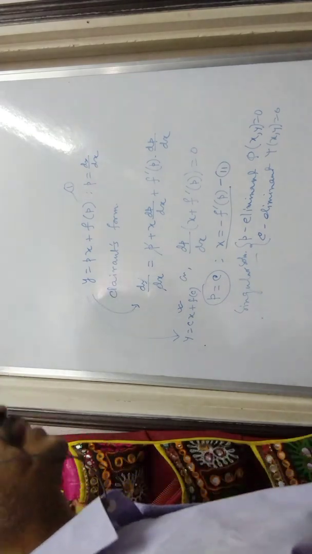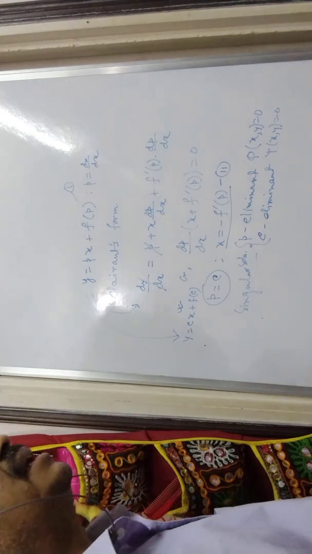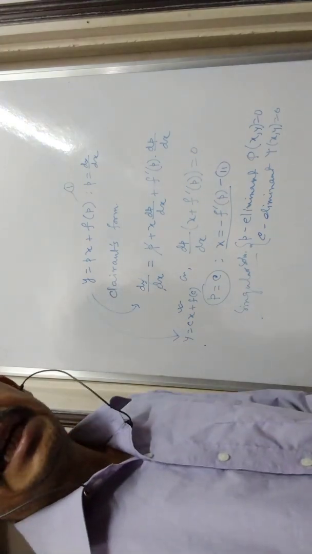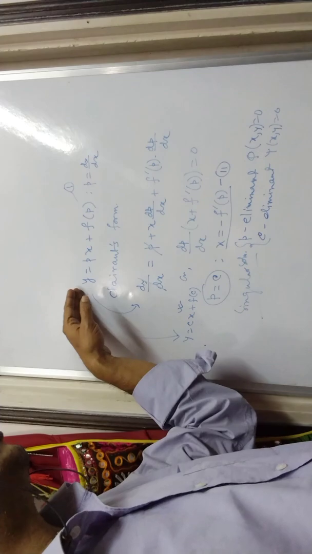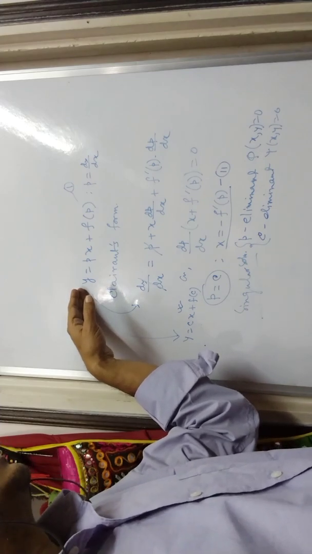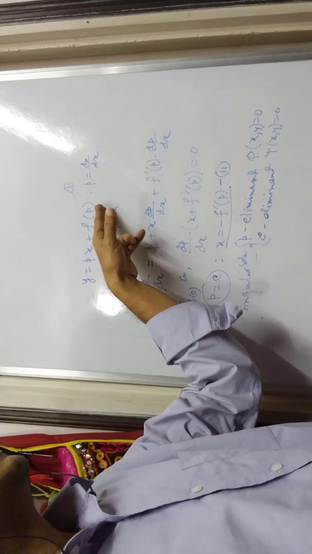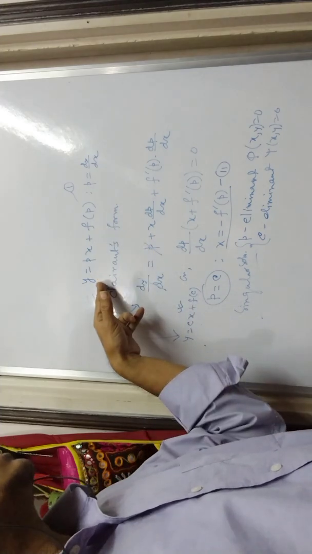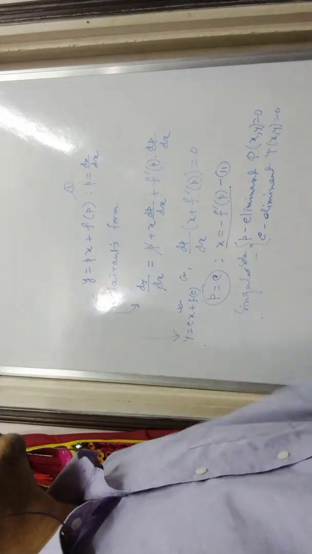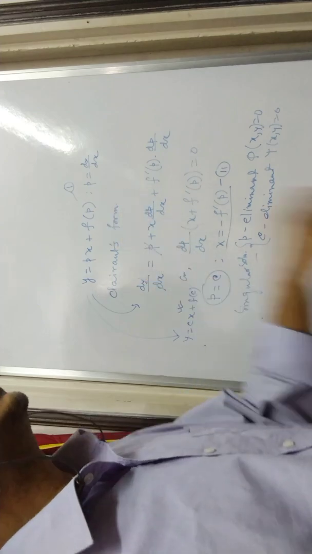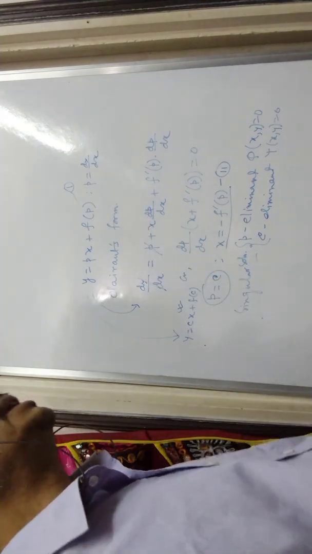I hope I have been able to explain things. I repeat, this is a special form of nonlinear equation y equal to px plus fp, a so-called linear structure in terms of y and x, but dy dx is of any power, so this is nonlinear.